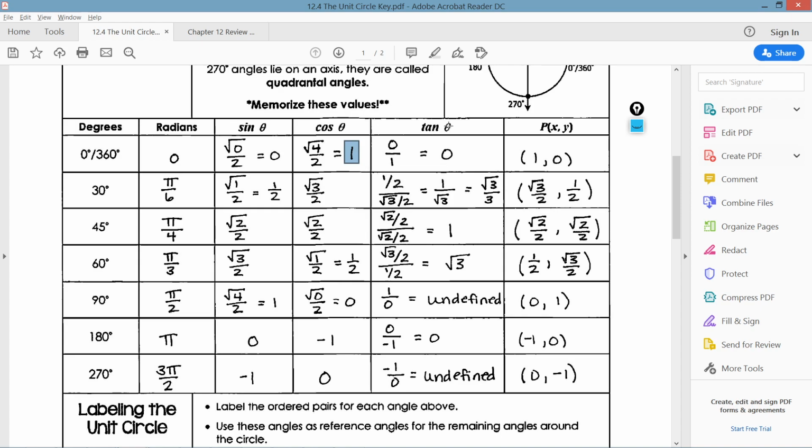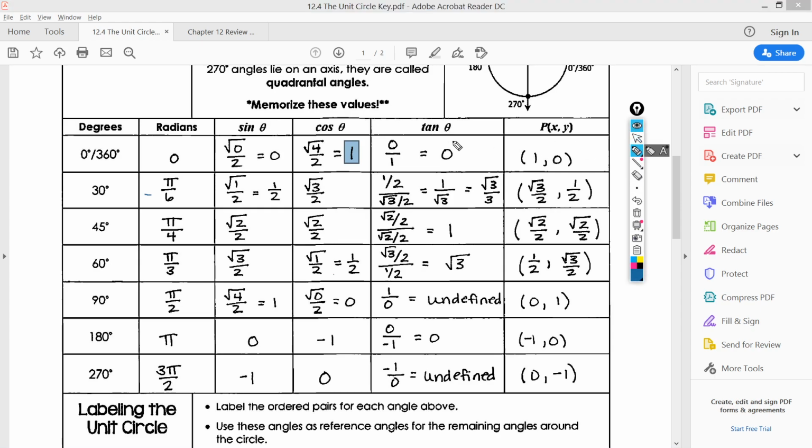And remember I told you tangent of theta is the same thing as sine over cosine. That's like saying y over x.